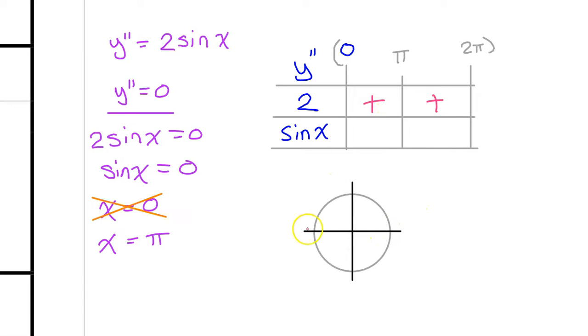Sine is the y value on the unit circle, so we know that sine is going to be positive in the first and second quadrants from 0 to pi, and we know that sine will be negative in quadrants 3 and 4, from pi to 2 pi. So sine is going to be positive in this interval and negative in this interval. The overall sign of y double prime will be positive in the first interval and negative in the second interval.